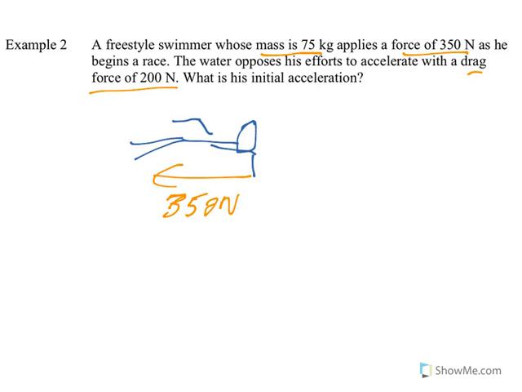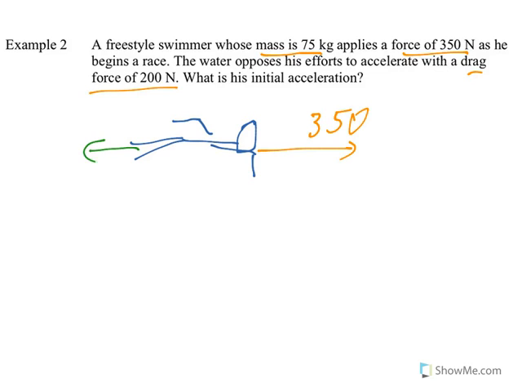Sorry, wrong way. Our swimmer is applying a force of 350 to push themselves forwards, and the water has a drag force of 200 holding them back. When we look at Newton's second law, the sum of the forces is mass times the acceleration.